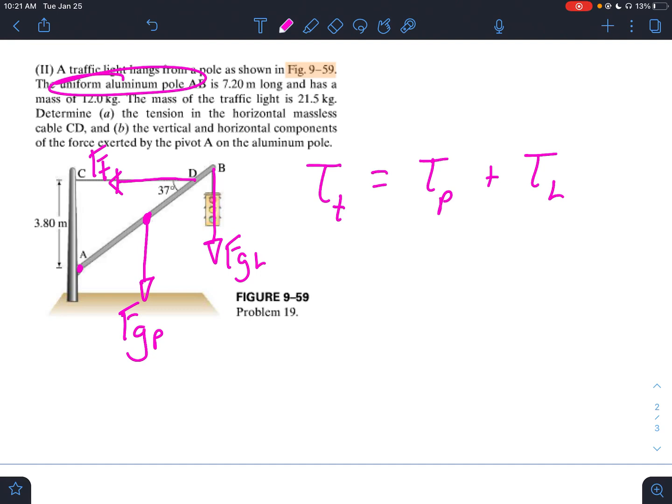Same thing as we've been doing, we need to define those forces. So force tension. The radius, well, this is going to be the radius from A to D. And sine, we have that angle 37 degrees. I'm going to run out of room, so just bring this down here.